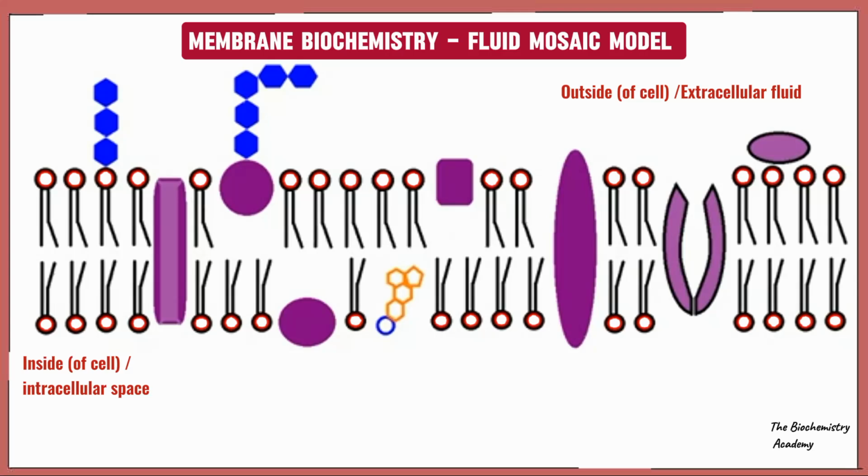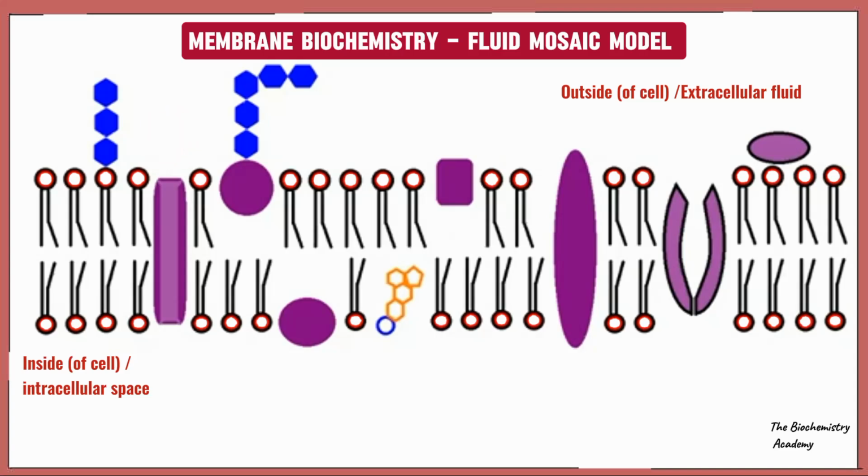Now, these proteins are called ion channel protein, which allows sodium and potassium to pass through. Now, carrier proteins allow glucose to pass through because if we check, glucose is a big molecule. Now, there are certain proteins which are called the carrier proteins that allow glucose to pass through the membrane.